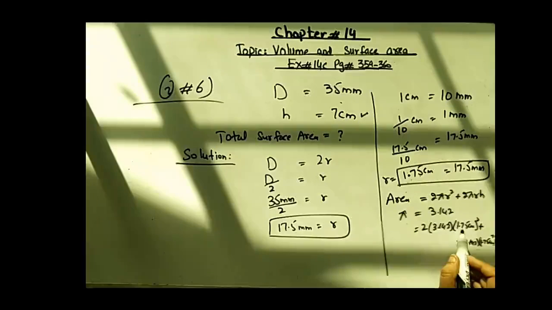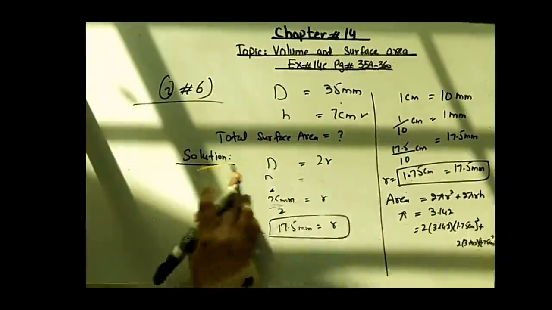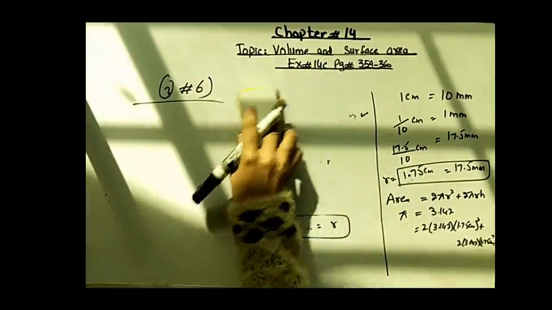Then you will multiply all these numbers. First you will find the square of this number, meaning this number multiplied 2 times, and then multiply with 3.142 and 2, and put the plus sign.